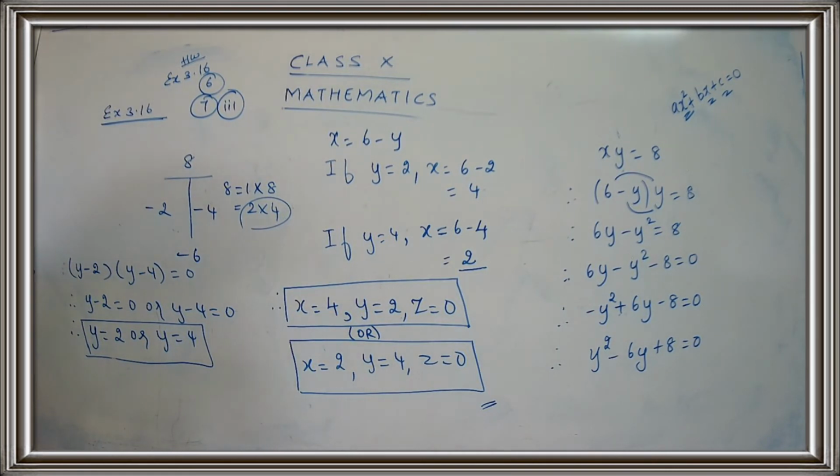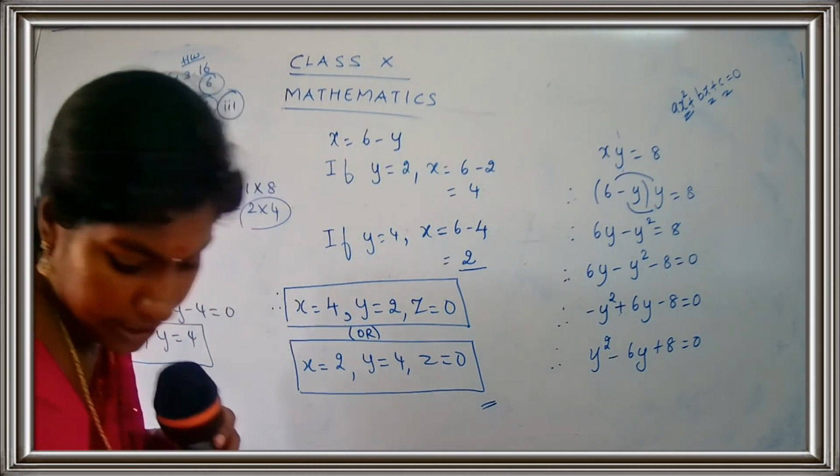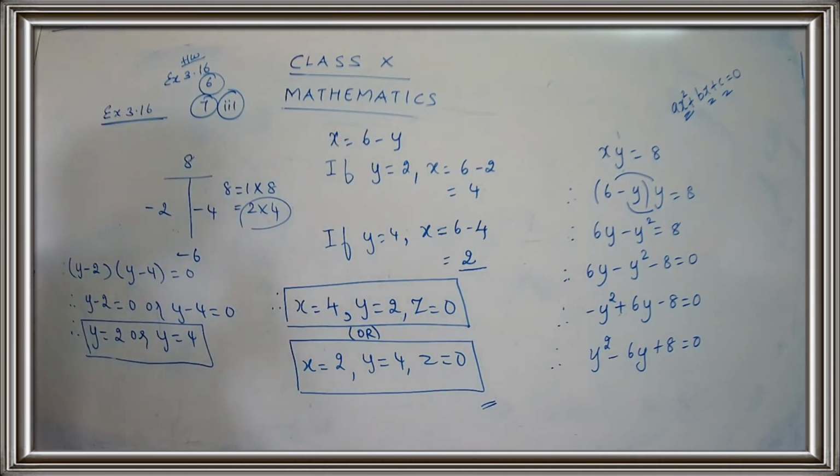Okay, children? Now we are going to start with the next exercise, and the next exercise is very, very simple. You have to do the operation on matrix. Like we do addition, subtraction, multiplication and division and so on for algebra part.